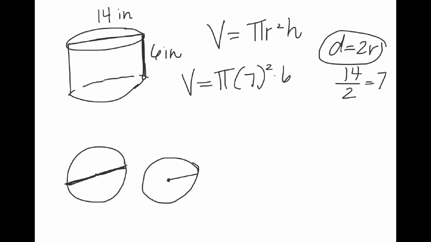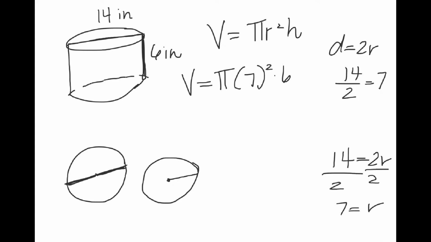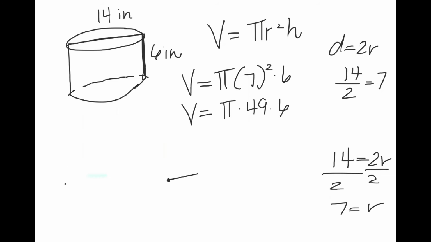So 14 equals 2r. You divide by 2 and you get radius equals 7. Those are just ways for you to memorize this so you can remember it when you're under pressure taking the test. So now we get volume equals pi times 49 times 6. I'm going to make some space here.